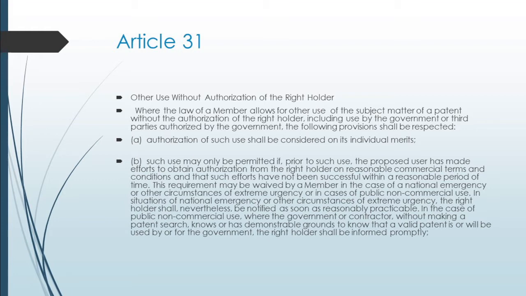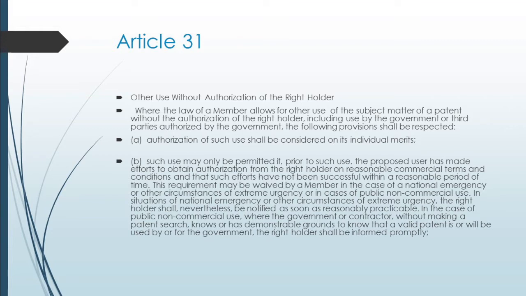What we have to keep in mind while discussing compulsory license is that it is still a license. And therefore, whenever a compulsory license is issued, there will be a system of royalty. That means the patent holder would be paid something against a compulsory license which is issued in his favor. Now, Article 31 of the TRIPS Agreement deals with compulsory license.